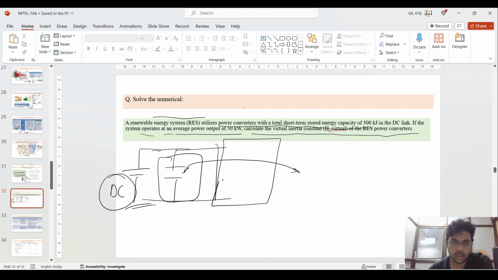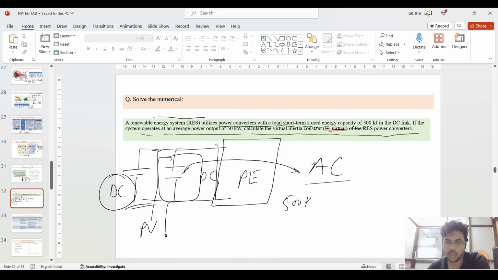Suppose you have a battery bank with certain stored energy here, and it is also possible that you have a number of RE generating systems, suppose the PV is also connected through this DC bus bar. DC to AC conversion can take place through this power electronic converter, and you can utilize this for inertial support.